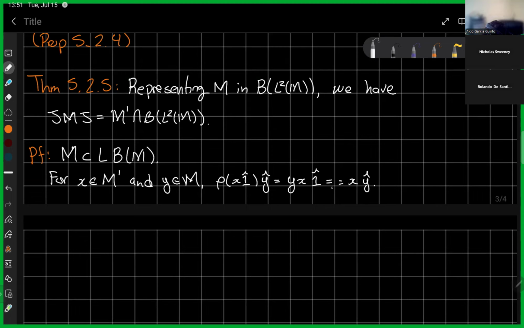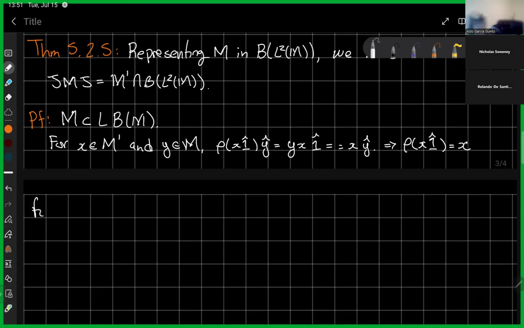But this shows us that rho of x applied to 1 hat is equal to x, for x in M prime. That M prime is a subset of the right bounded.